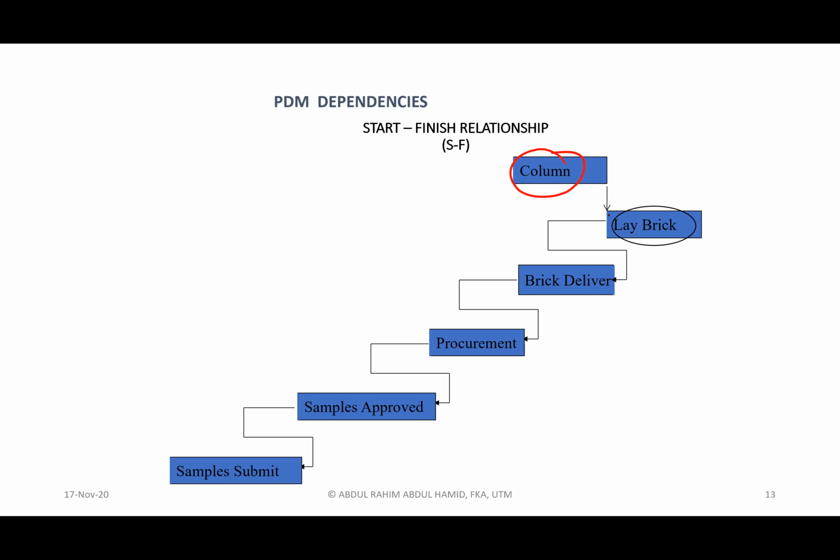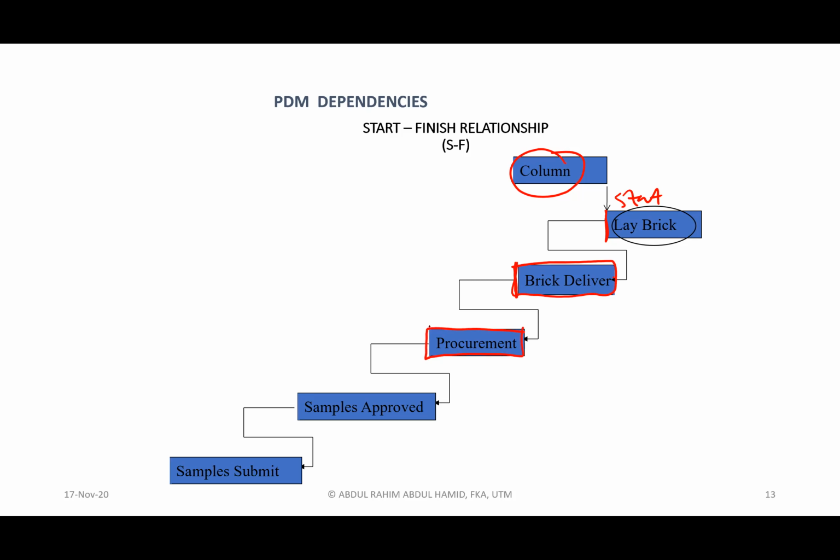So the start of laying brick can only happen once you finish brick delivery. Otherwise, you simply cannot start laying brick because there is no brick around. Similarly, the start of brick delivery must depend on the finish of the previous activity, which we call procurement. Procurement is the purchasing process. Okay, so that is the relationship.